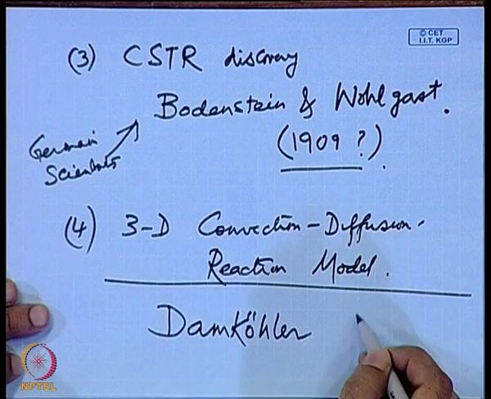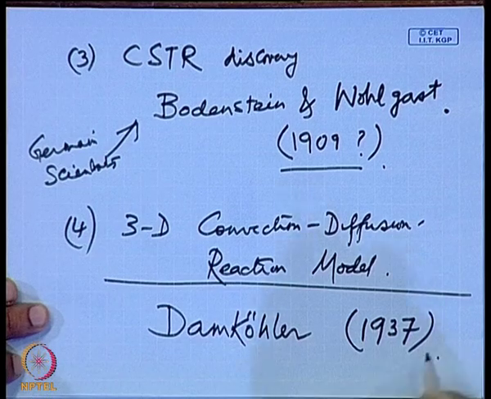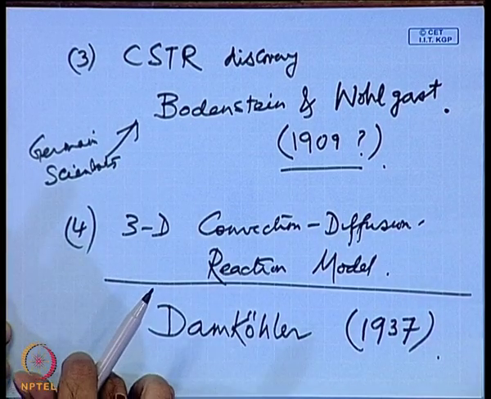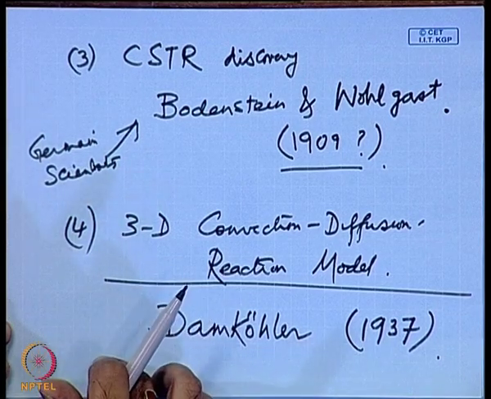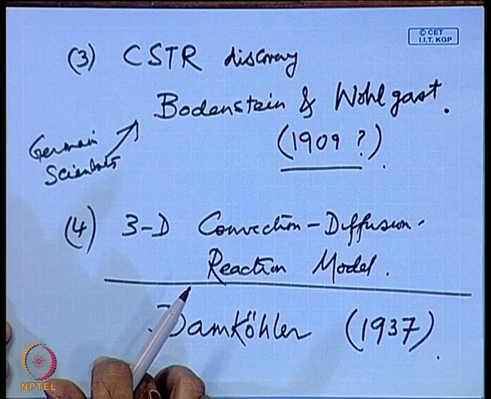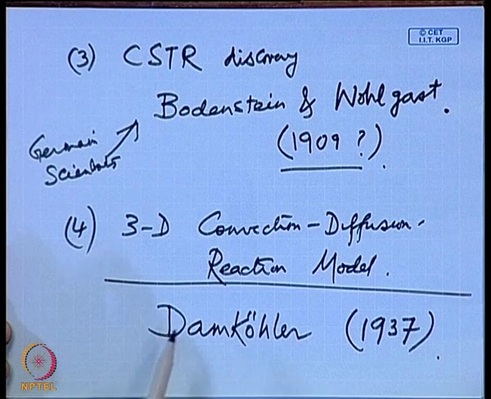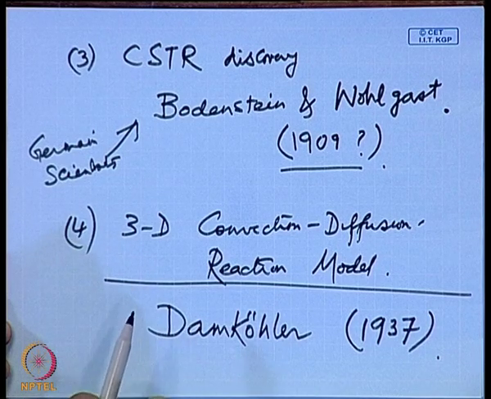So, I think this was in, I've forgotten the years, but this was in 1937, and this was a breakthrough paper, this Damkohler's paper, and this was again written in German, and I had a paper copy of this translated into English by one of my friends who is a German scientist.